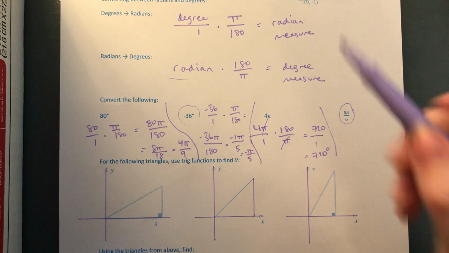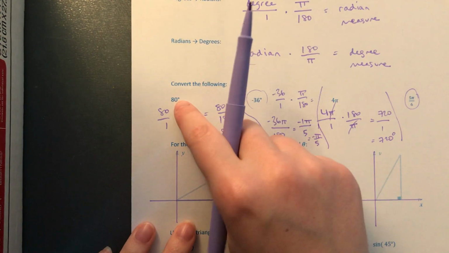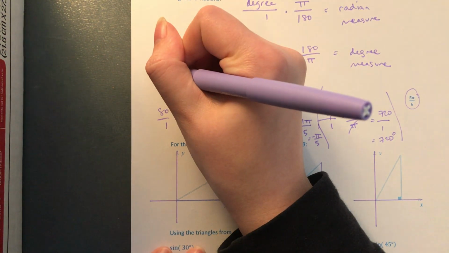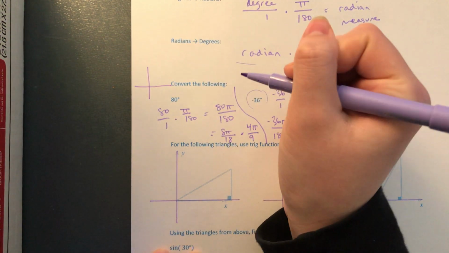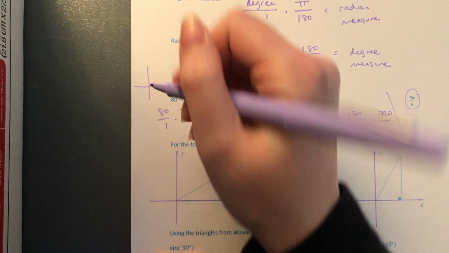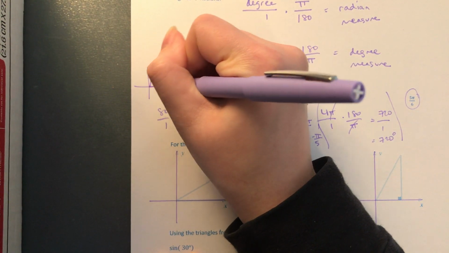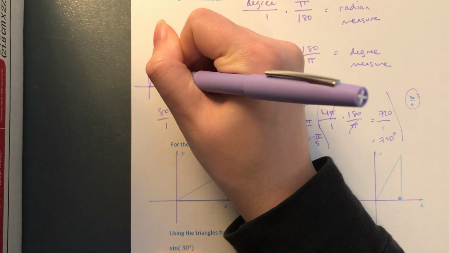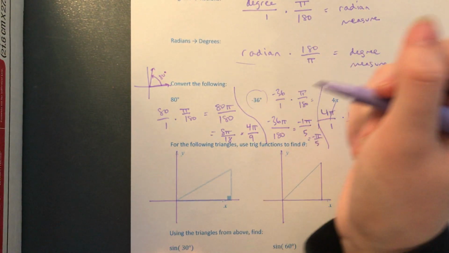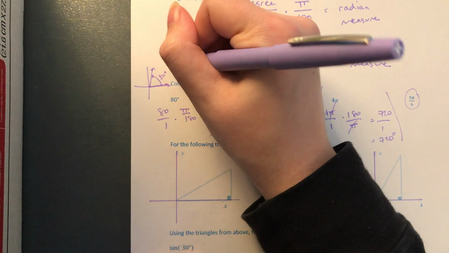So just to visualize 80 degrees, if you draw a little coordinate plane, 80 degrees is just below 90, right? So this L here would be 90 degrees. So 80 degrees is probably something like that. So if we start here, this would be 80 degrees. But also now we know that it's 4 pi over 9.